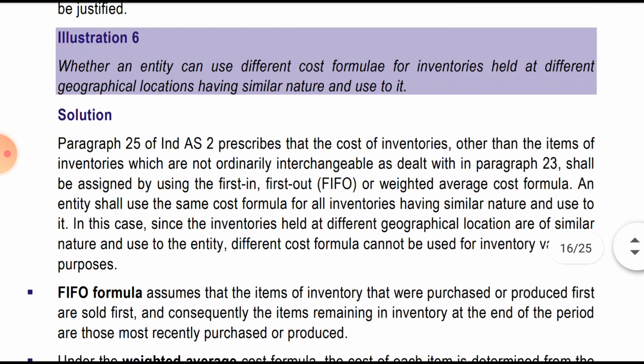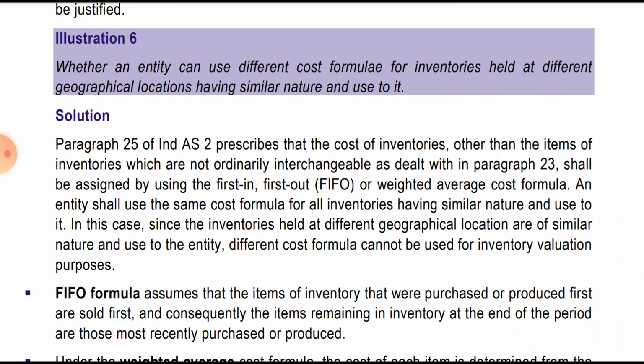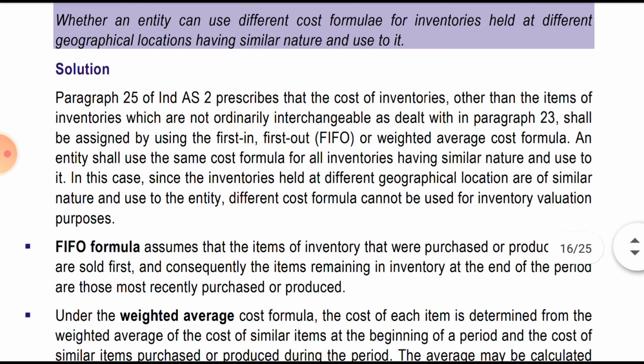Whether the entity can use different cost formulas for the inventories held at different locations. So what the question is stating is whether a company can use different cost formulas for inventories held at different geographical locations, having similar nature and use. The conclusion is no, a different cost formula is not to be used for inventory having similar nature and use.